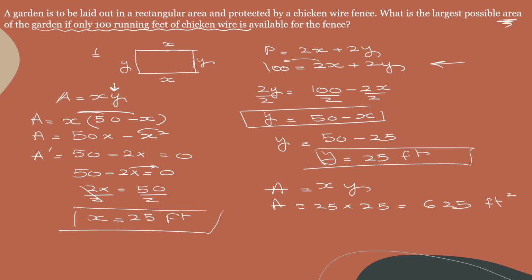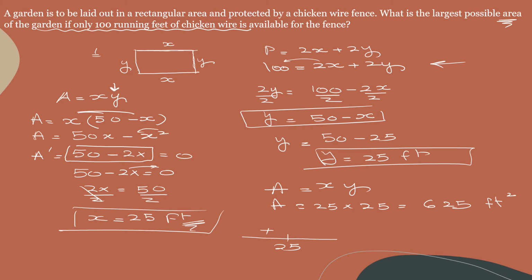Just to find out whether we are going on the correct path or not, you can write the x value of 25 and put values around it in the first derivative, that is 50 minus 2x. Take any value before 25, put it here. So let's suppose x equals 0, we will get a positive number.